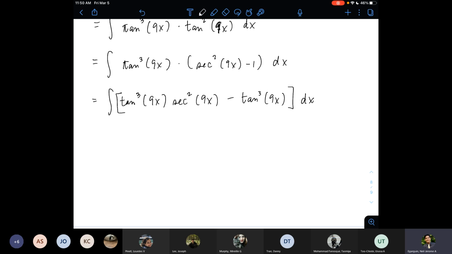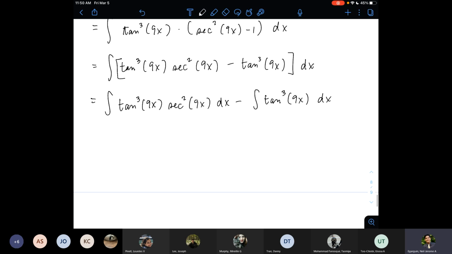So in the first integral, I can split this into two. We can let u be equal to tangent 9x, and that will require du to be equal to 9 secant squared 9x dx, which is fine for the first integral because we have secant squared 9x over there.